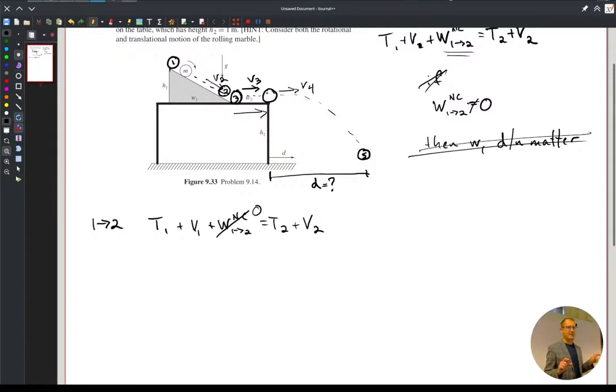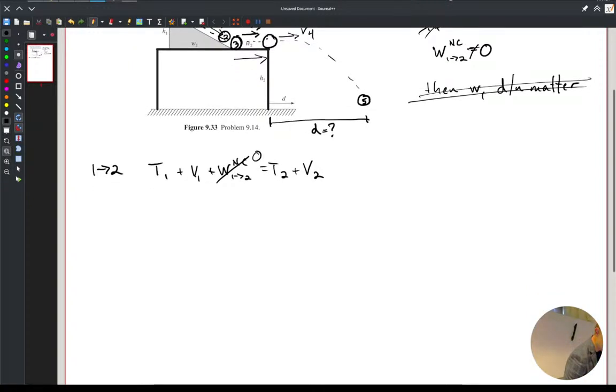Unless you really want to look up, is this a wooden ramp? It says that it's a marble. So if it's a marble rolling on a wooden ramp, you can look up the rolling resistance. It will have an almost immeasurable effect on how fast it's going, but for now, let's just say it's 0.